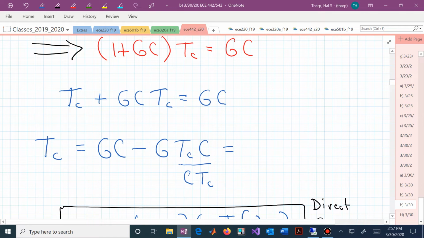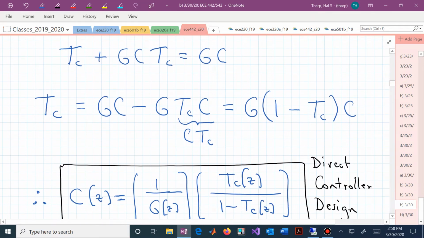So we're now writing that as t sub c c, and we can factor out a g on the left, and let's factor out a c on the right. So that means we're going to have a 1 in the first term on the right hand side, and on this second term we have t sub c.